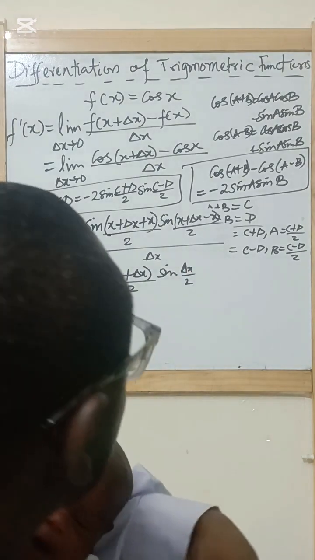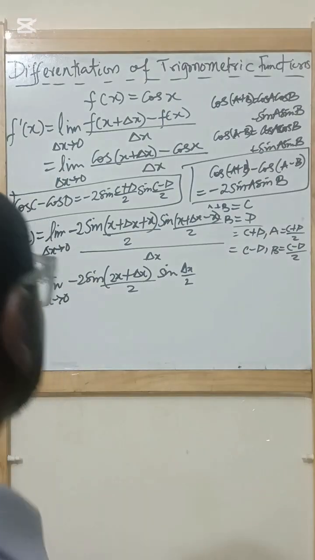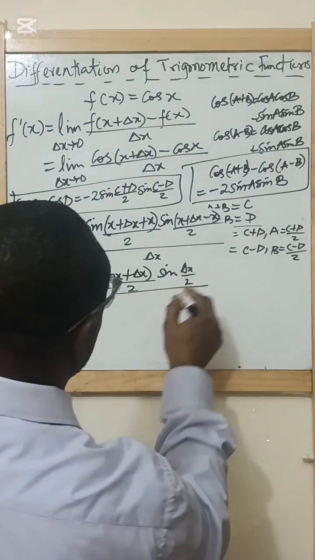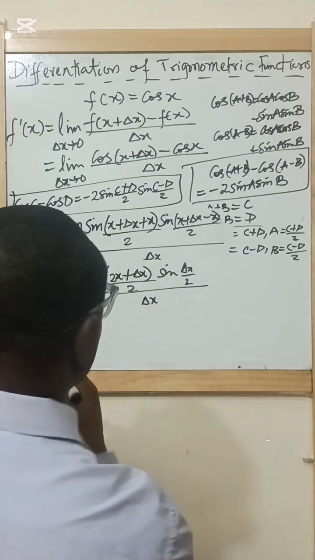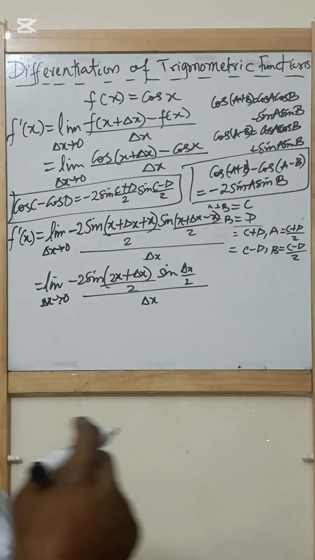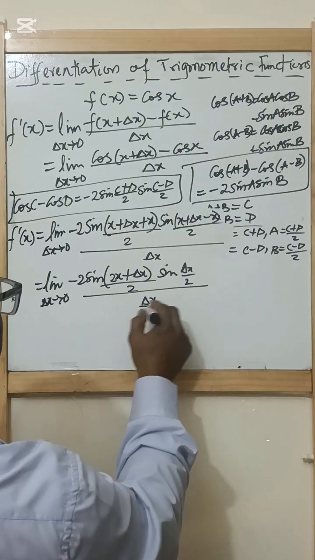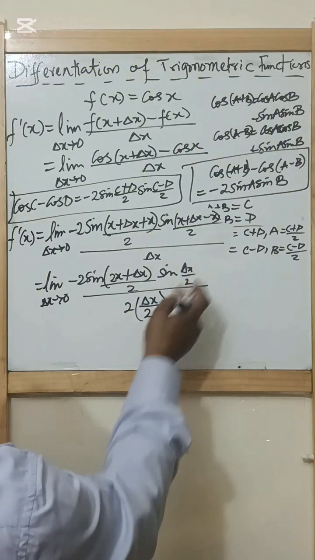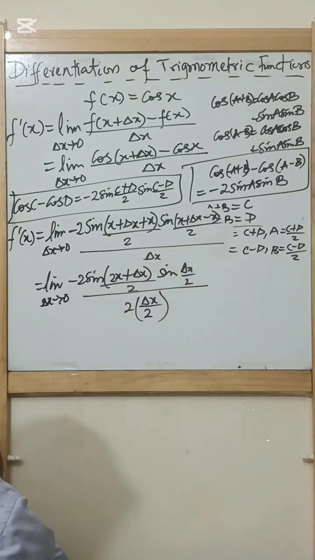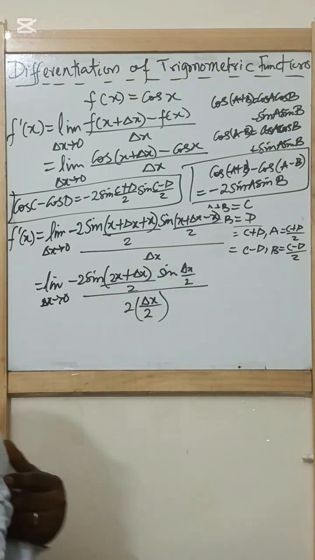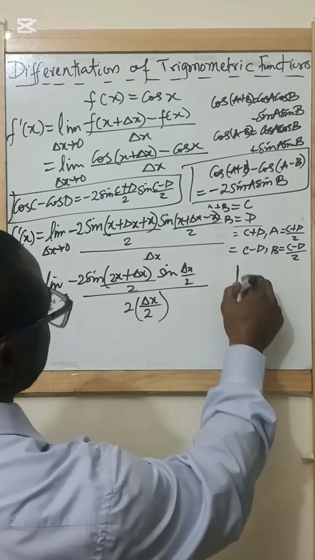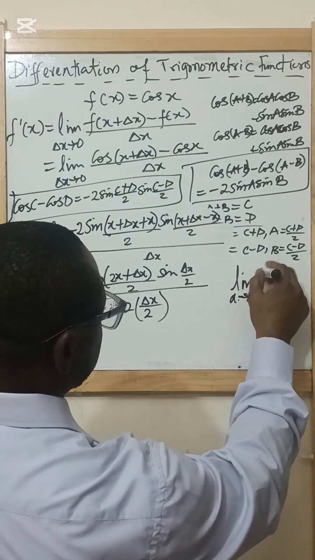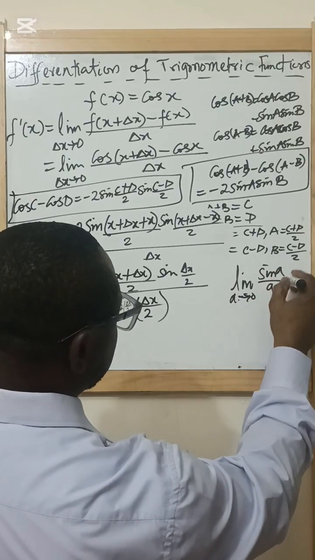Right? Delta x over 2. All right. Then divided by delta x. Okay? So in this delta x, we can divide it by 2 and also multiply it by 2, right? So that it will be similar to this, and we can apply the limits. The limit as a tends to 0 of sine a over a is equal to 1.